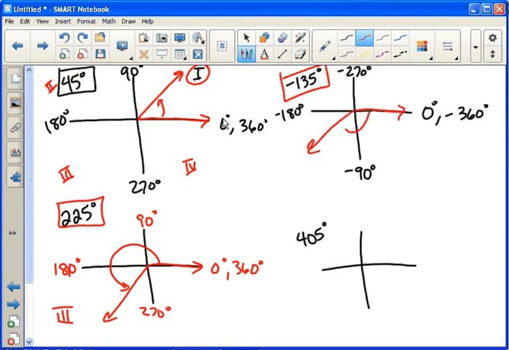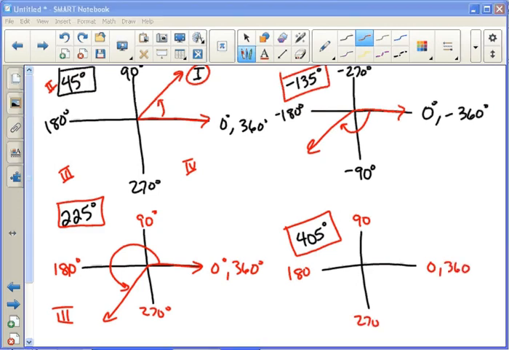Alright, so then 405 is our last one. Okay, 0, 90, 180, 270, 360. So 405 is bigger than 360. So here's what's going to happen.